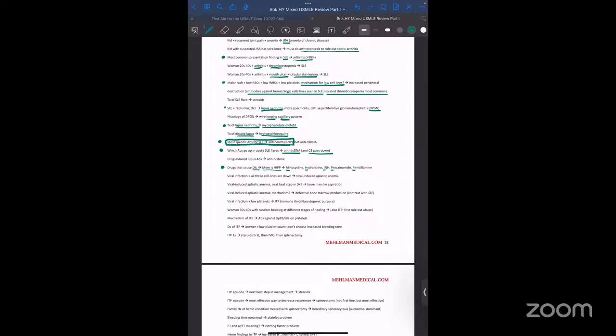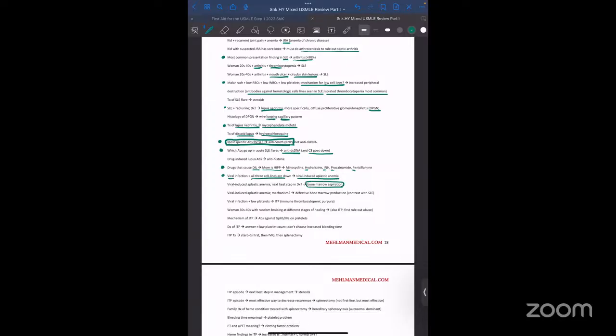Viral infection plus all three cell lines are down: viral induced aplastic anemia. Next best step in diagnosis, do a bone marrow aspiration. Oh, poor guy, got a viral infection, now needs a bone marrow aspiration.